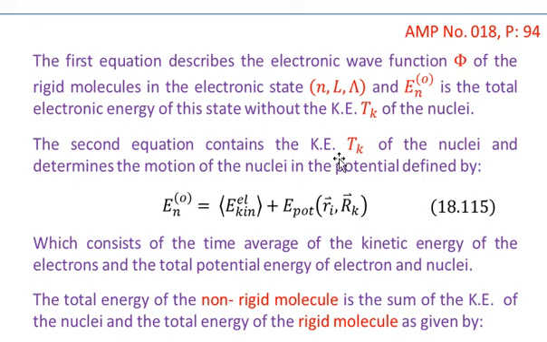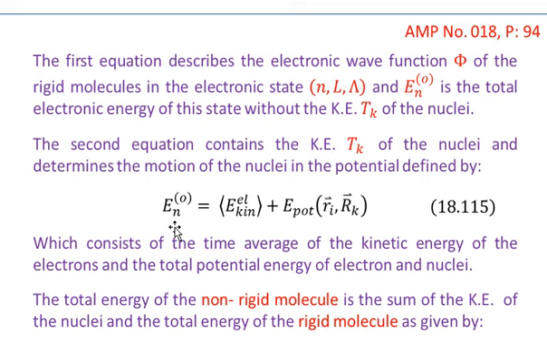The second equation contains the kinetic energy Tk of the nuclei and determines the motion of the nuclei in the potential defined by En of 0. So En of 0 is equal to the average kinetic energy of the electronic system plus E pot, which is the potential energy of the system as a function of Ri and Rk.